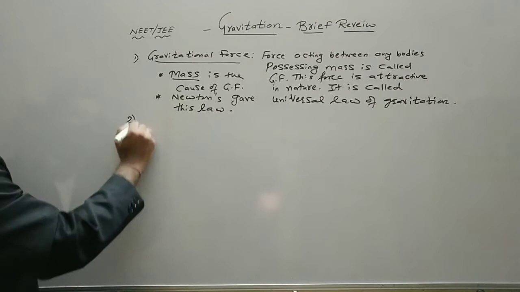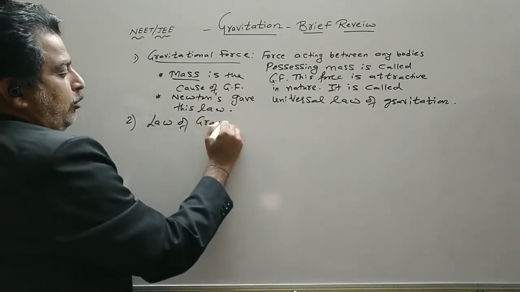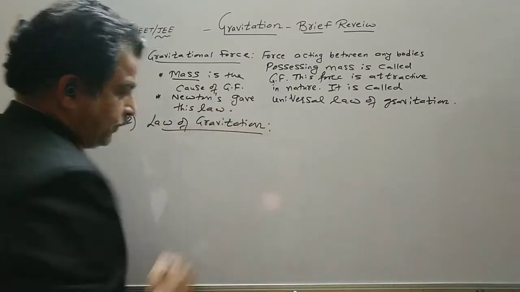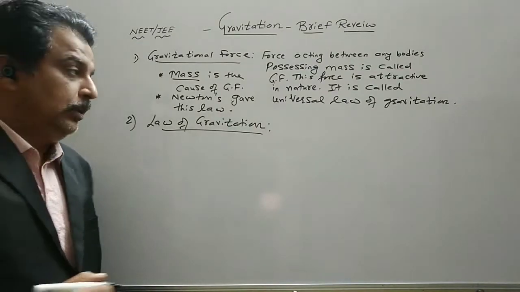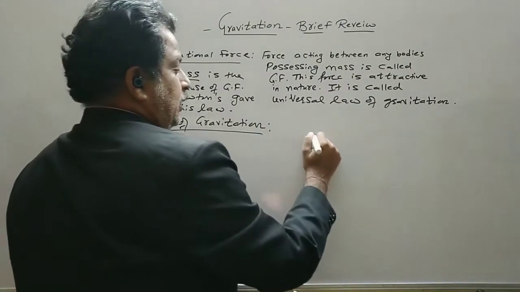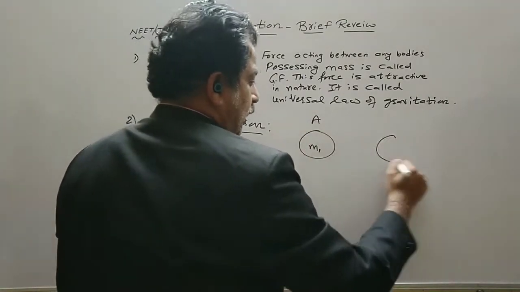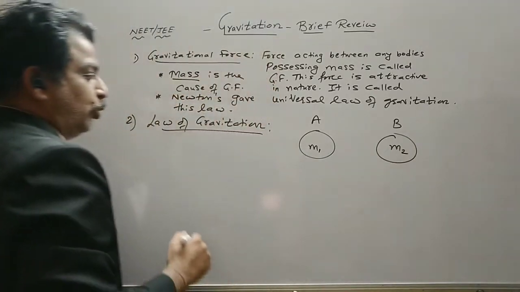Now, what is the law of gravitation? We take two bodies possessing mass m1 and m2. So it has been found that the force between two bodies, say mass m1, body A, and body B, the mass is m2.